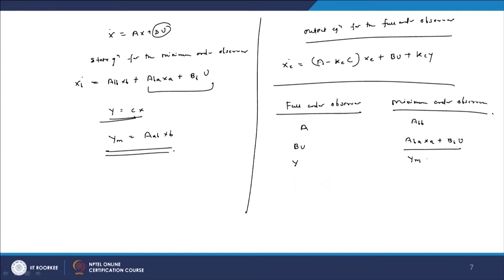Now, in the full order observer we have a K matrix, and the order of this K matrix is n cross 1, and here in case of the minimum order observer we can write this as KER, an n minus 1 cross 1 matrix. And now, about the C matrix. The C matrix in case of the full order observer we can write down as C.